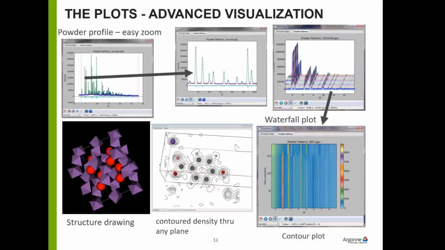Graphics, the plot window: powder patterns, waterfall plots, contour plots, crystal structures, the usual ball and sticks and ellipsoids, but also you can draw polyhedra if that's useful. And you can also draw electron density maps if you happen to have a Fourier map calculated.